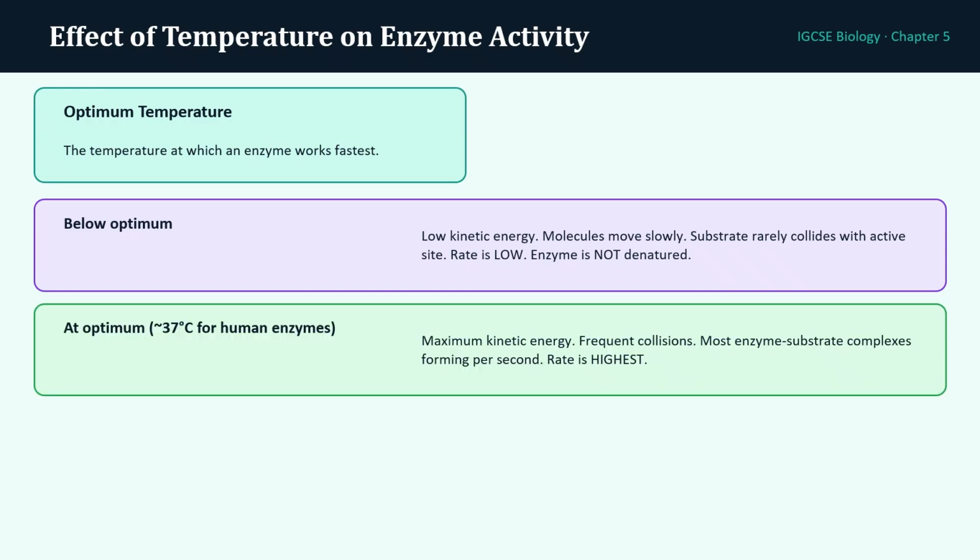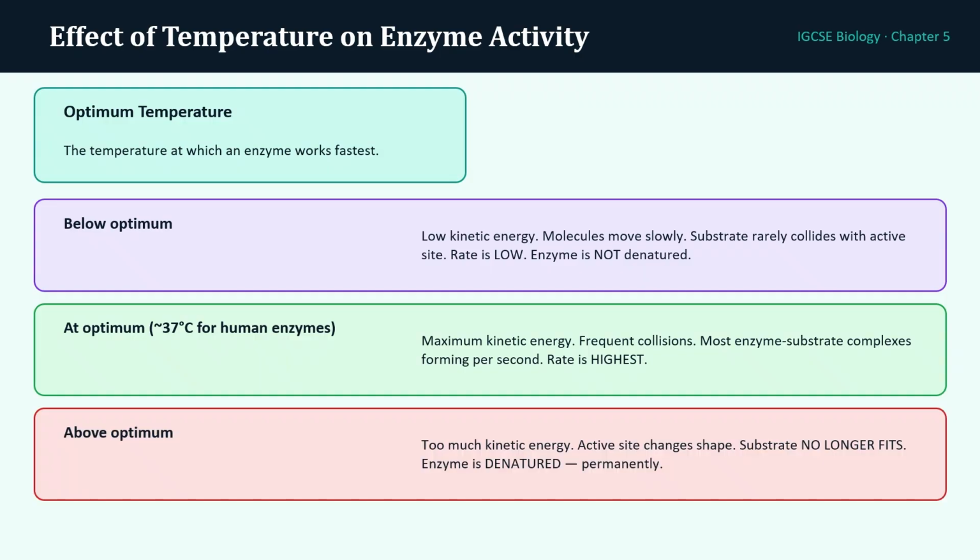At the optimum, this is the sweet spot. Maximum kinetic energy. Frequent effective collisions between substrate and active site will happen. The most enzyme substrate complexes are forming every second. So the rate of reaction is at its highest stage.